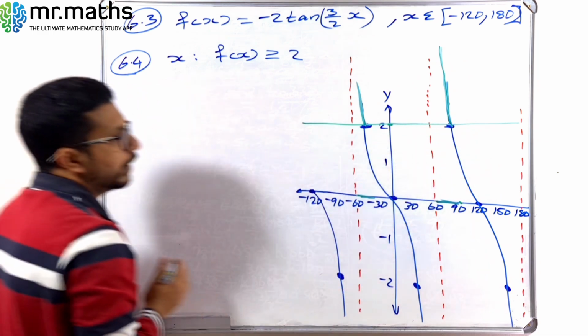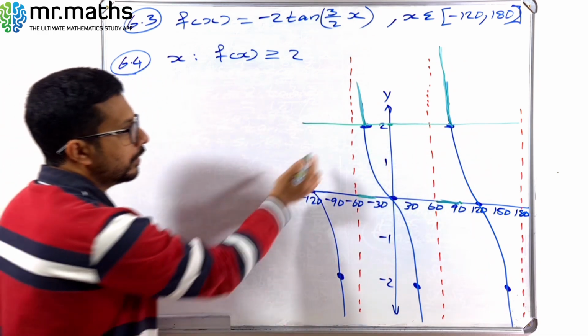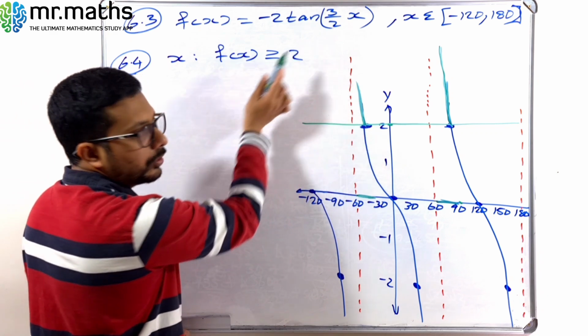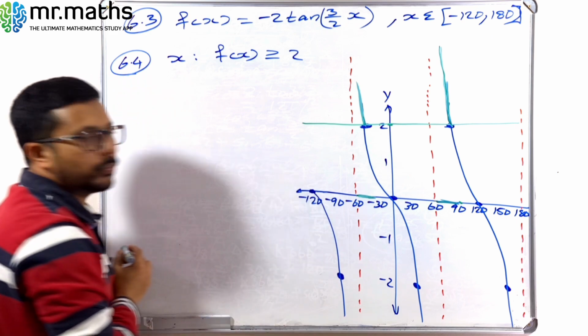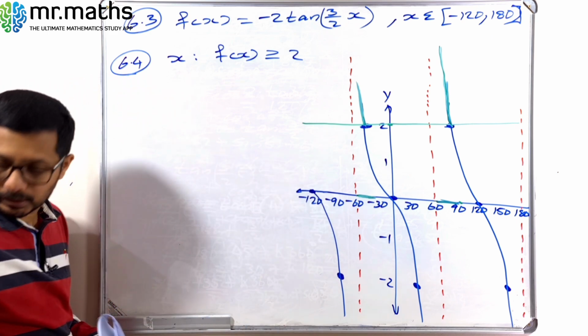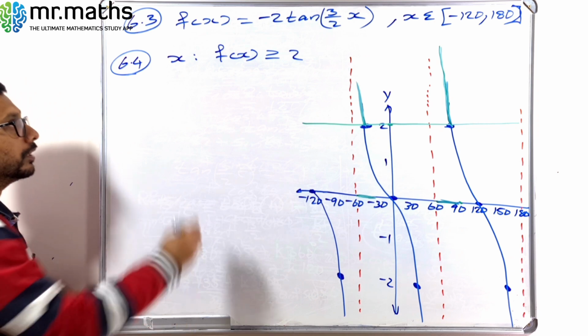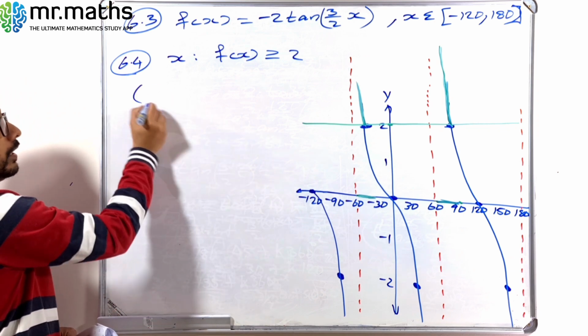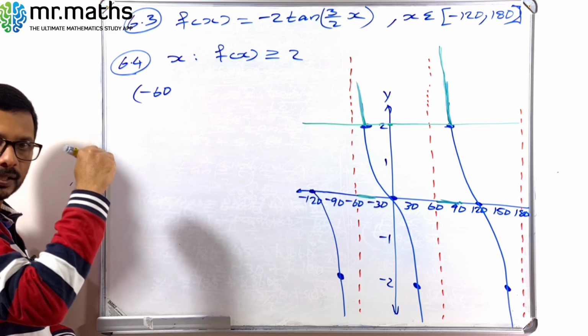So how can you write the answer? Between minus 60 and minus 30, y is greater than 2. But you must be careful. Minus 60 is an asymptote, so don't include minus 60. So we write minus 60 with an open bracket.